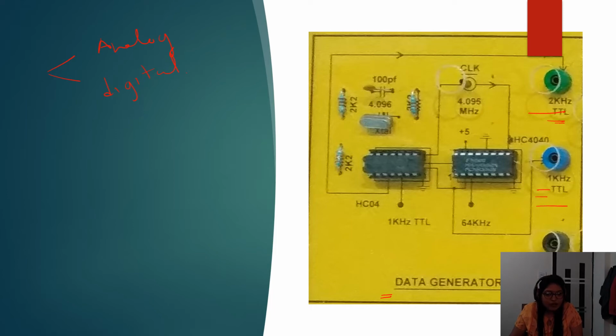So to perform the practical, we have two choices, 2 kHz and 1 kHz. An HC04 clock and capacitor circuit is used as a simple digital circuit to generate these two signals, 2 kHz and 1 kHz.